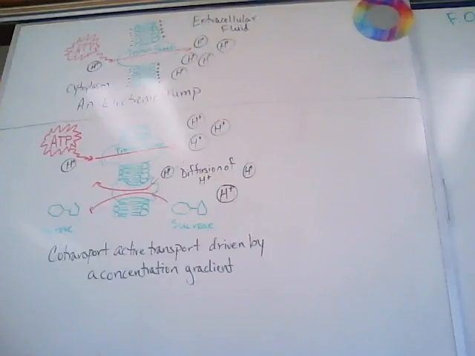This can induce the protein to change its shape in a manner that translocates a solute bound to the protein across the membrane. One transport system that works this way is the sodium-potassium pump, which exchanges sodium for potassium across the plasma membrane of animal cells.